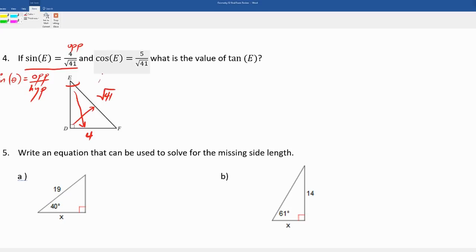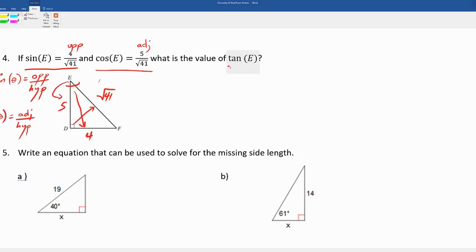All right. Next piece of information, cosine of E. Remember, cosine theta is going to be the adjacent over the hypotenuse. So that means your adjacent is 5. The guy next door, DE, is just going to be 5.